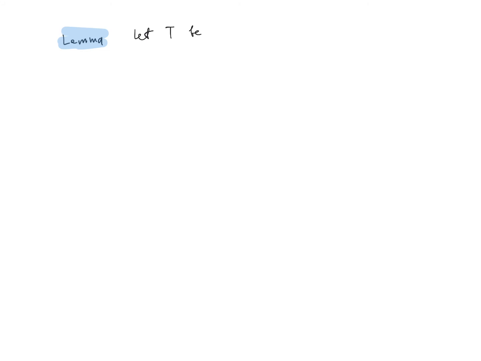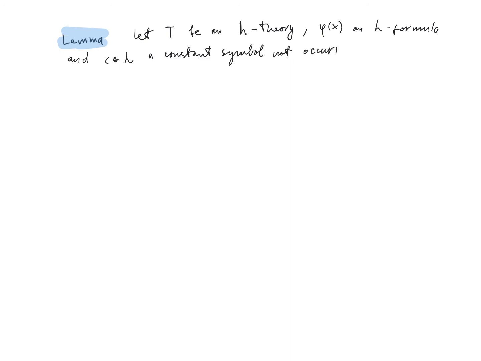Let T be an L theory, phi of x an L formula with the single free variable x, and c a constant symbol not occurring in the theory T union the formula phi of x.